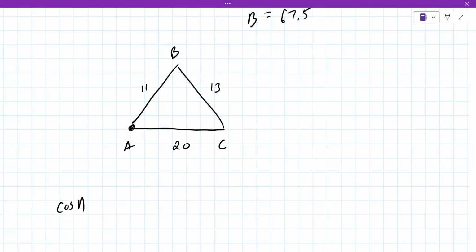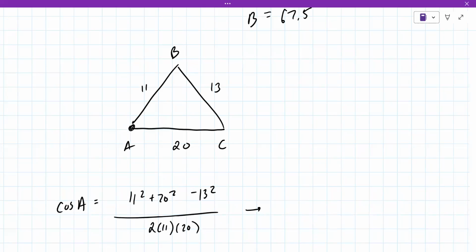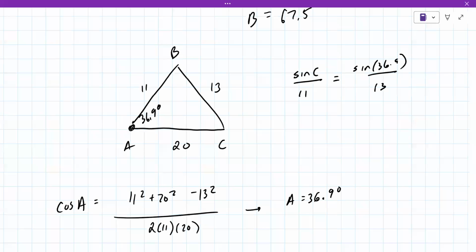So to find cosine of A, it is 11 squared plus 20 squared minus 13 squared over 2 times 11 times 20. So this ends up producing the 36.9 degrees. And then to find C, we can do sine C over 11 equals sine 36.9 over 13.